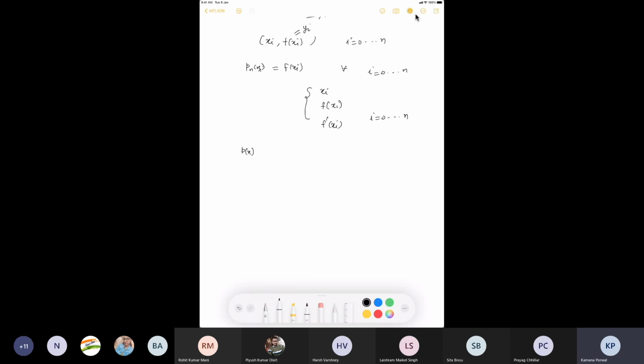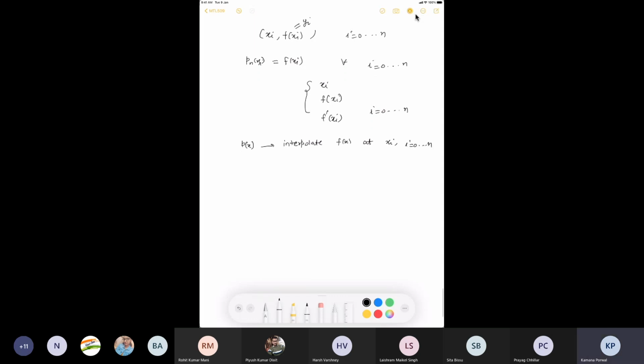So the question we are posing now is, can we find a polynomial, let's call it p(x), which will interpolate f(x) at the nodes xi's, and if we take its derivative, that is p prime of x, this will interpolate the derivative of f at the same nodes xi's.